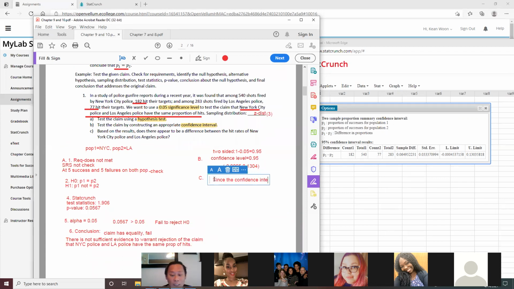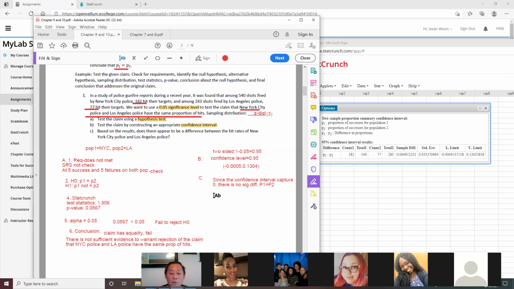So what you can say here is, since the confidence interval captures 0, there is no significant difference. And no significant difference means P1 equals P2. Okay, that is from the confidence interval.